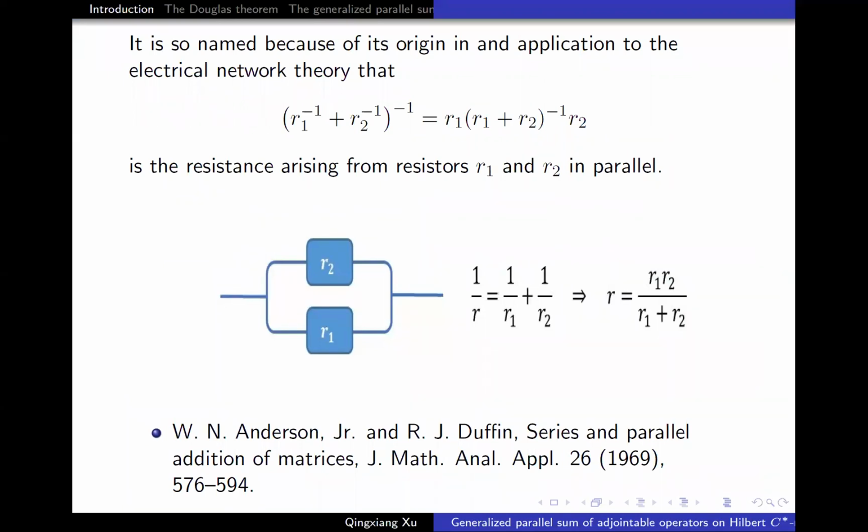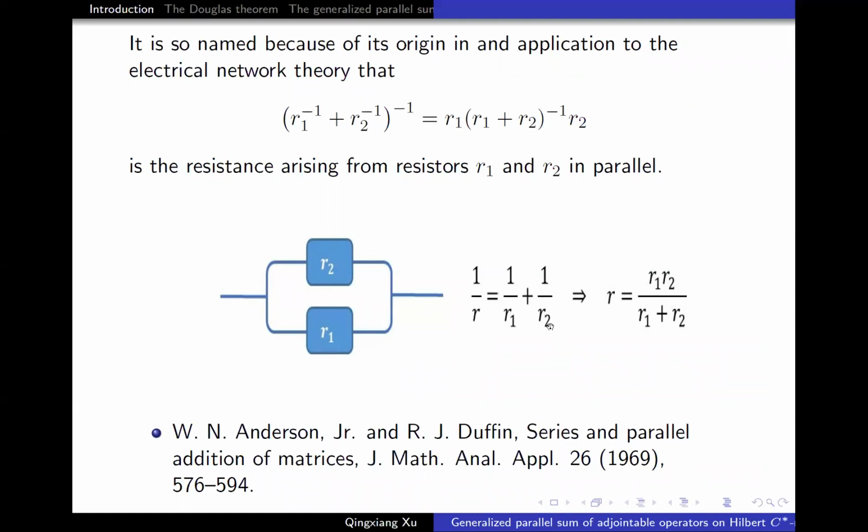The parallel sum is so named because it originally comes from electric circuits, when two resistors are connected in parallel. Here, R1 and R2 are two resistors, and it is well known that the reciprocal of the total resistance equals the sum of these two terms.